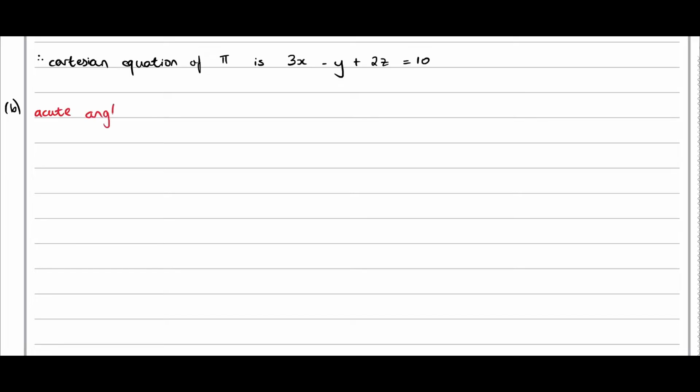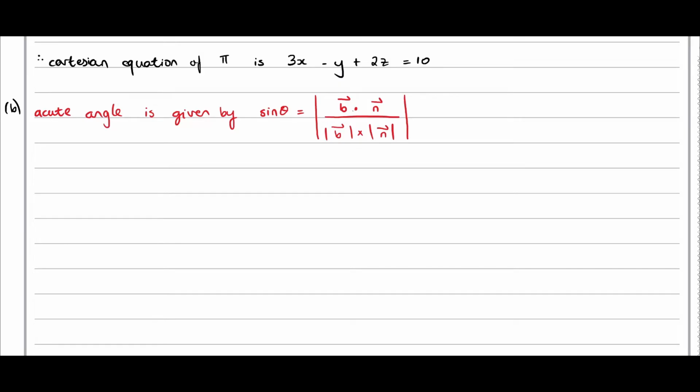Now, to do this question, we would first of all have to recognize that the acute angle is given by sine of theta equals the absolute value of b dot product with n over the absolute value of b multiplied by the absolute value of n.